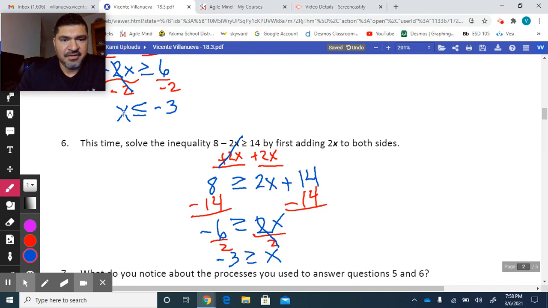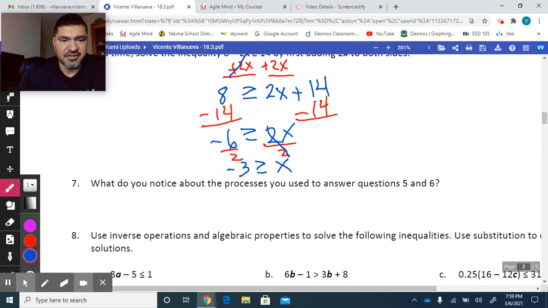Over here, x is less than or equal to negative 3. Here on this side, if you read it backwards, x is still less than or equal to negative 3, because this part right here is the lesser part. You would read this as negative 3 is greater than or equal to x. This is the same as this.